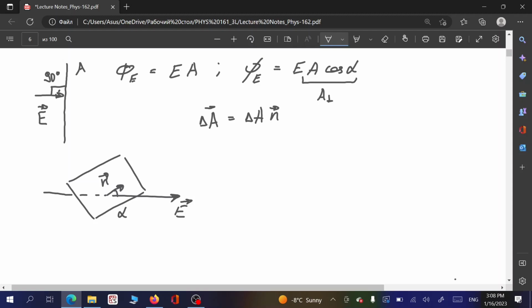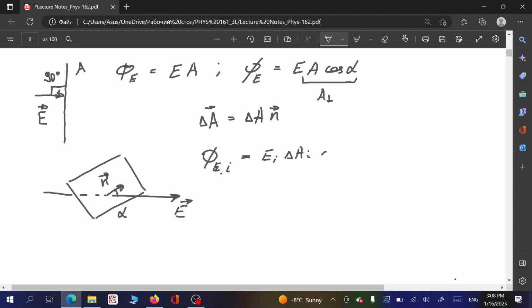So once we have this introduced, we can express that the flux of electric field through this small element i will be given as the electric field magnitude next to this small element, E_i, times delta A_i, which is the area of this small element.